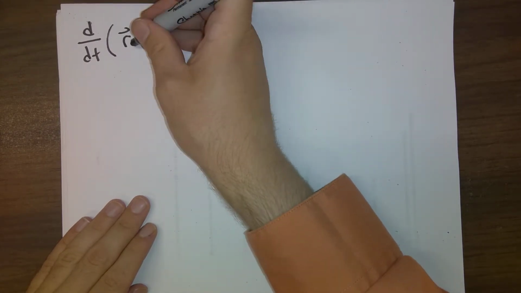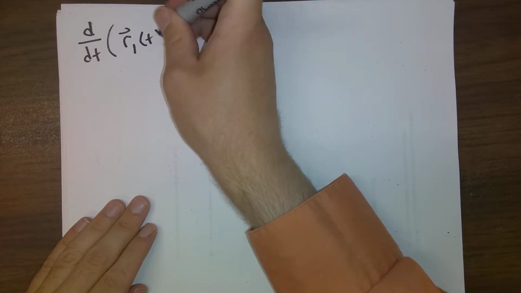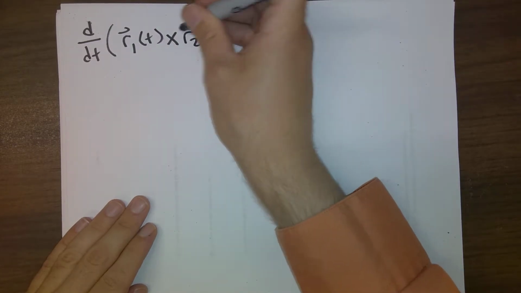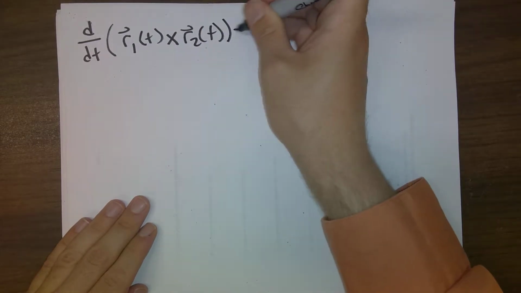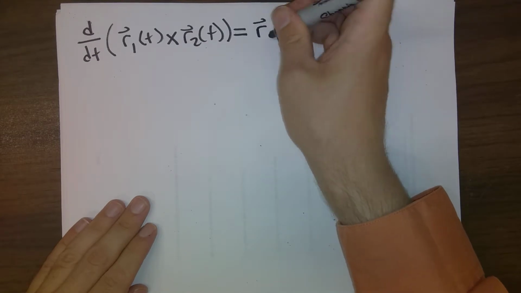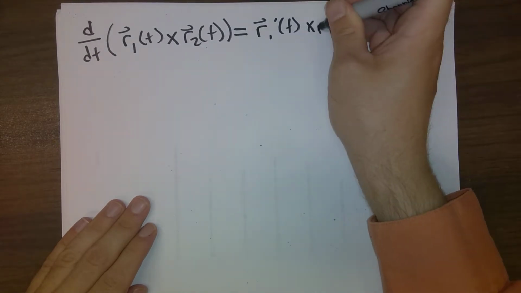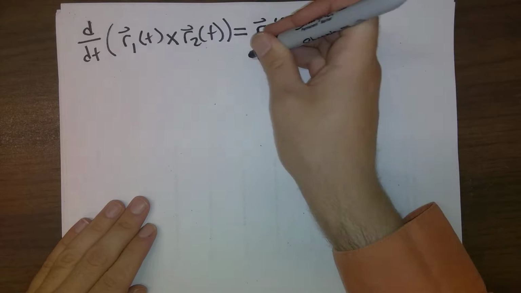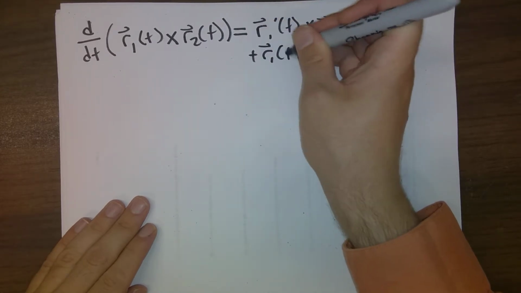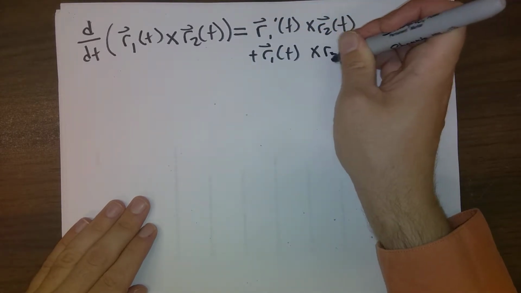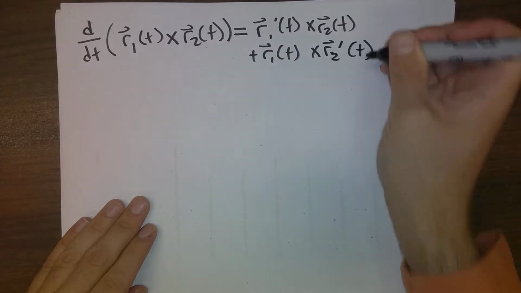The derivative of r1 of t crossed with r2 of t is equal to r1 prime of t crossed with r2 plus r1 of t crossed with r2 prime of t.